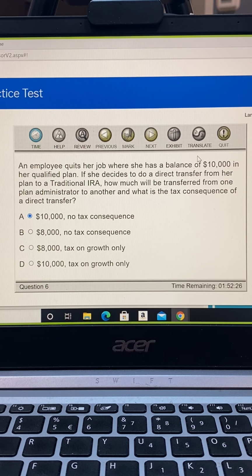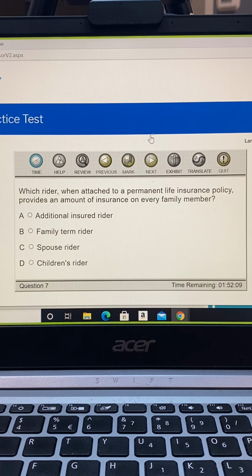So that's why there's no tax on it. If you ever get the money to you, then you pay the taxes. So direct is no taxes. All right, next.